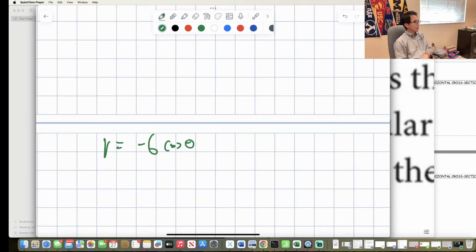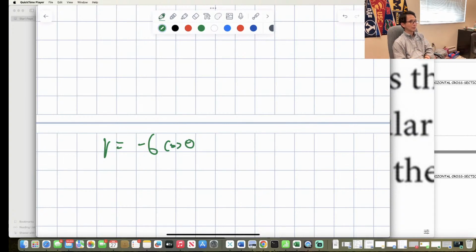So I'm going to implement what Emil suggested earlier. What do you do first? You don't want to square both sides, but you want to have r squared.